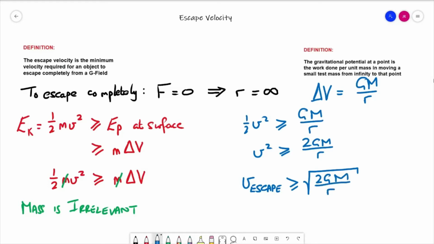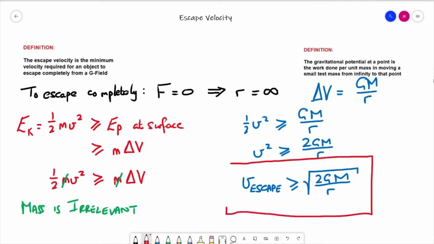Now I know I've square rooted there, and we should in theory get plus or minus, but the negative value of velocity doesn't mean too much to us in this context. So there you have the equation for escape velocity. And here, just to remind you, r is the radius of whatever body we're trying to escape from, assuming that we are going from the surface.